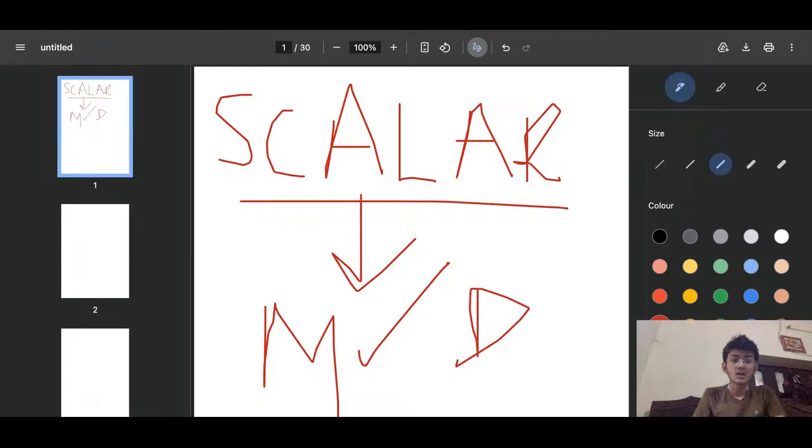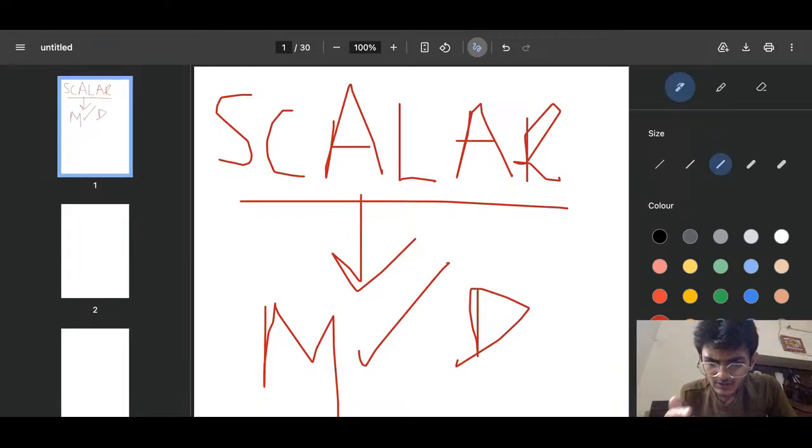Direction, it may or may not have. Mass is directionless, but current is a scalar quantity that has a direction. So direction is not compulsory, but also not discarded while explaining the scalar quantity.